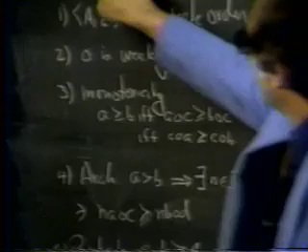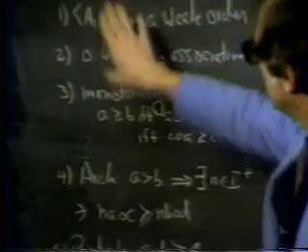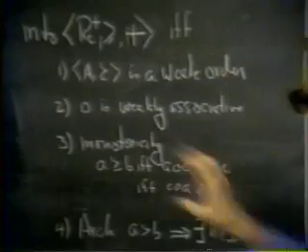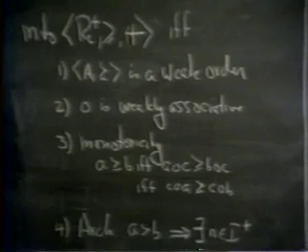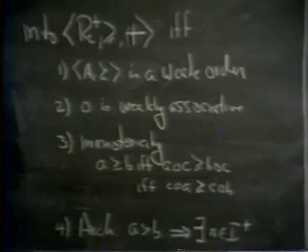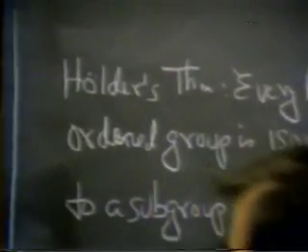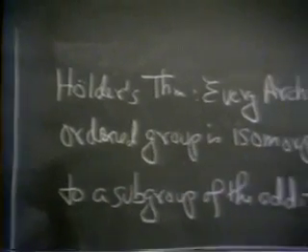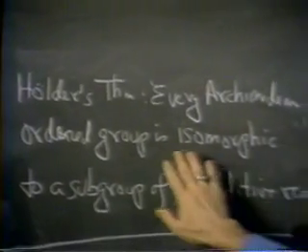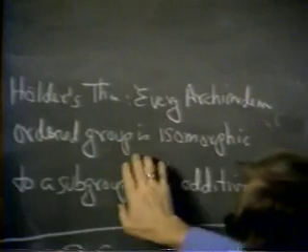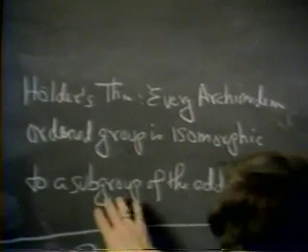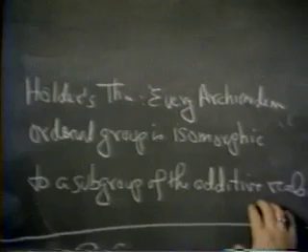The operation, instead of being what is called a semi-group operation as here, is a much stronger operation in the ordered group situation. It's a group operation. It's associative. There's an identity and an inverse. And the theorem asserts that such an Archimedean ordered group is isomorphic to a subgroup of the additive reals.